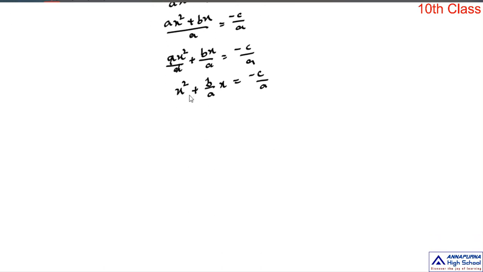Now treat the first term as a square, meaning a square is equal to x square, so that implies a is equal to x. And change the second term in the form of 2ab. Here, what is the second term? b by a into x is the second term. Now change this term into 2ab.